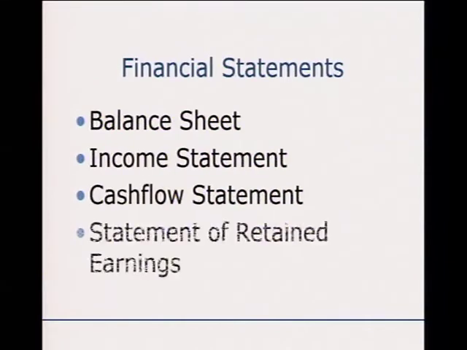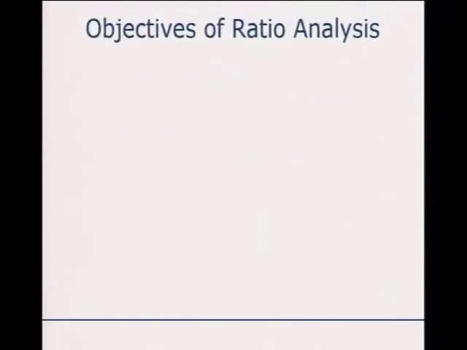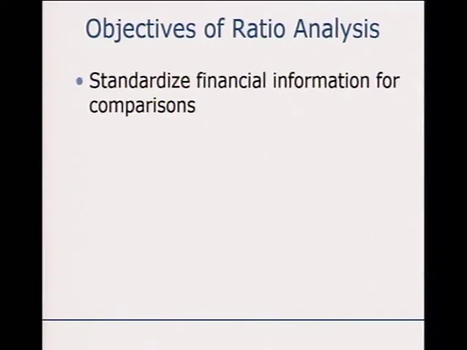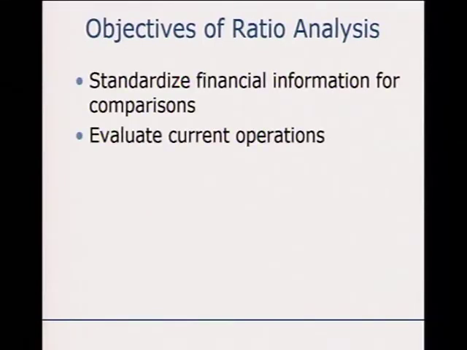Now, those are our financial statements, the four listed there, and the objective of ratio analysis and financial statement reading is for us to be able to compare figures or evaluate the performance based on percentages or proportions or changes expressed in percentage terms.